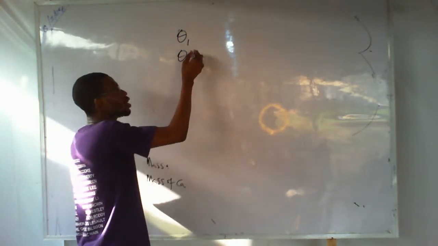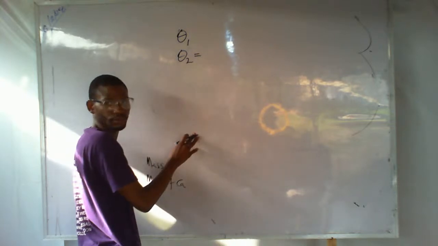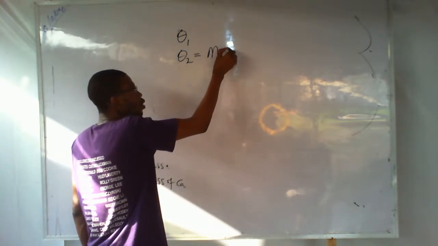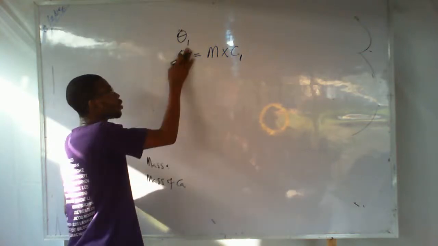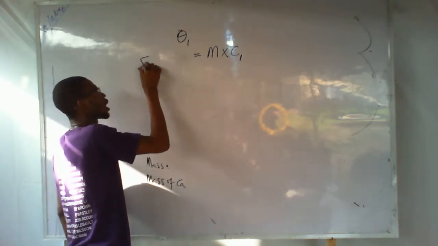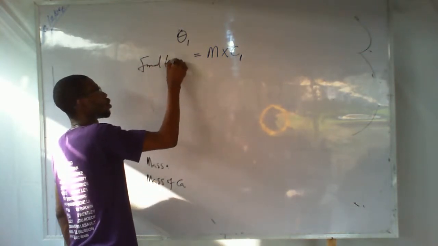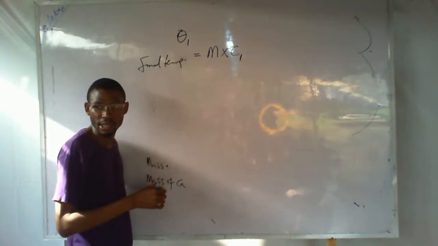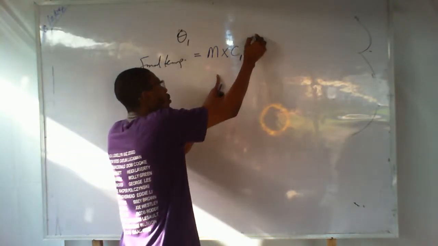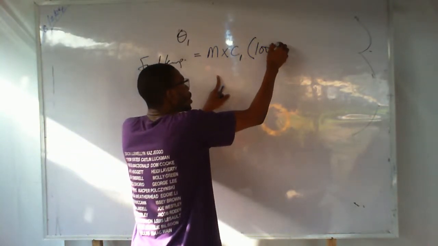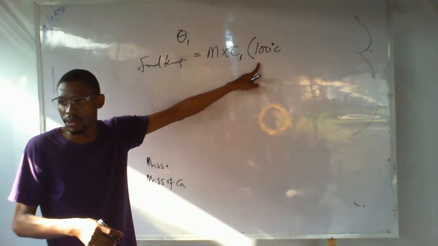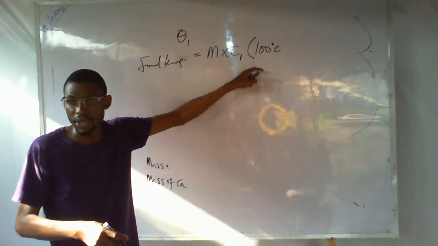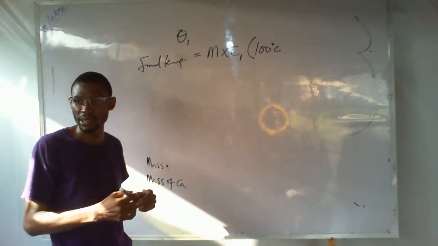It should be equal to mass multiplied by specific heat capacity. Final temperature equals 100 degrees. Now this 100 degrees is the temperature of what? Boiling water. What does theta 2 represent?